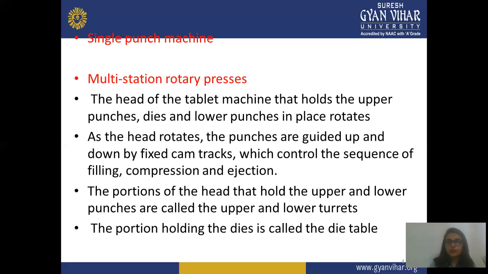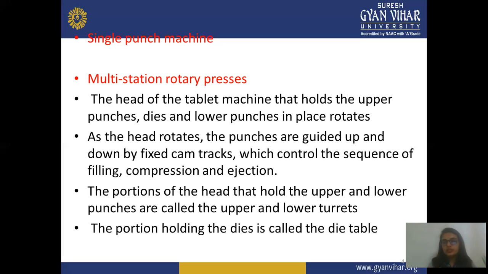You just set all the parameters, or evaluate all the parameters and finalize. And after finalizing all the parameters, you start processing the tablet or compression of the tablet.